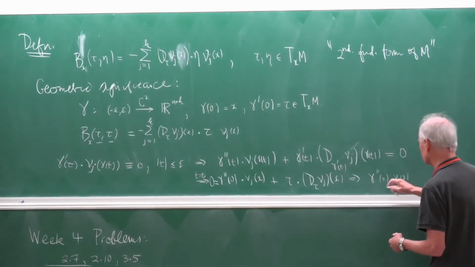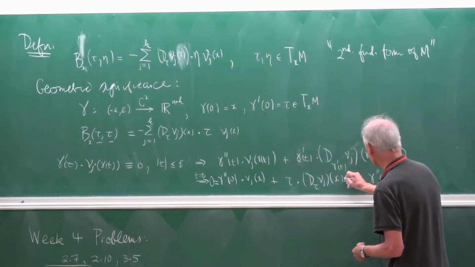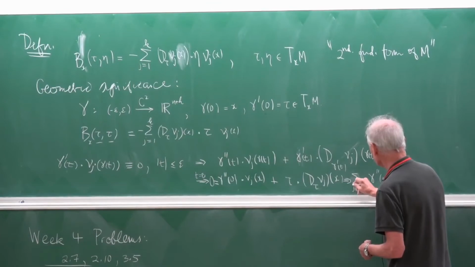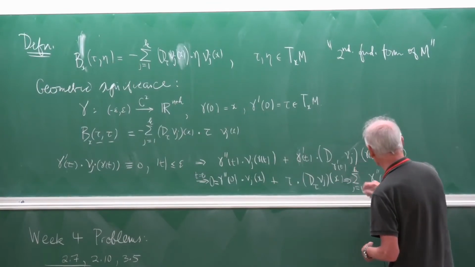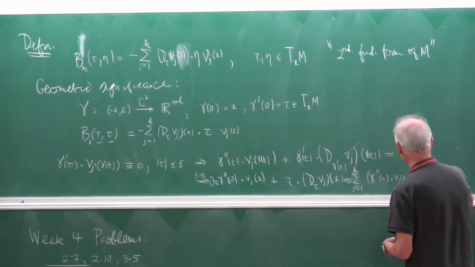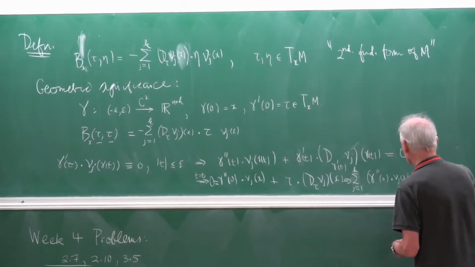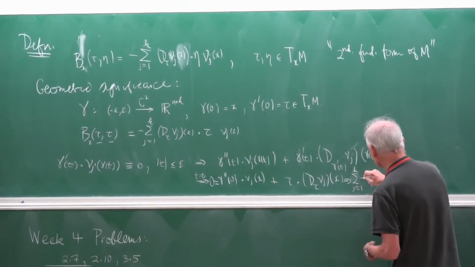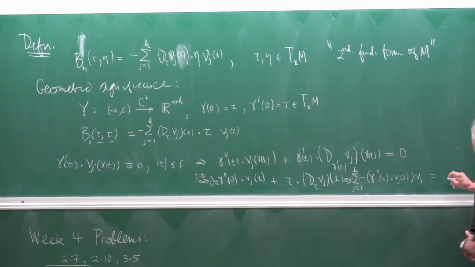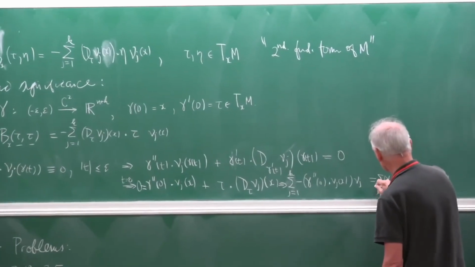So this implies that the sum j equals 1 up to k of this times nu_j is equal to, with a minus sign because I put this term on the other side, the other term. That's gamma double prime 0 dotted with nu_j at x times nu_j at x, summed from j equals 1 up to k.